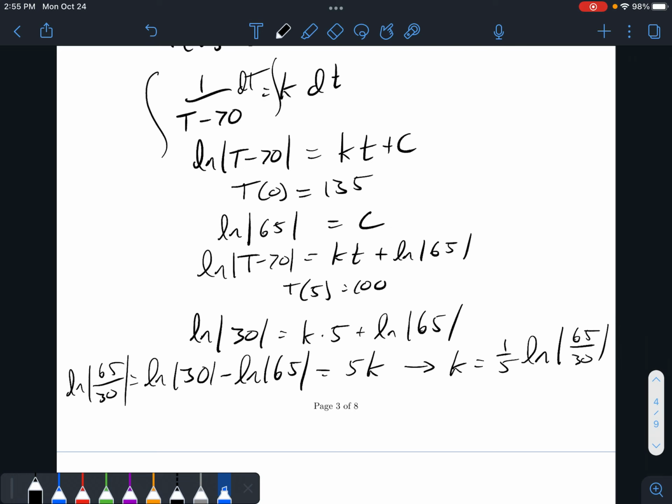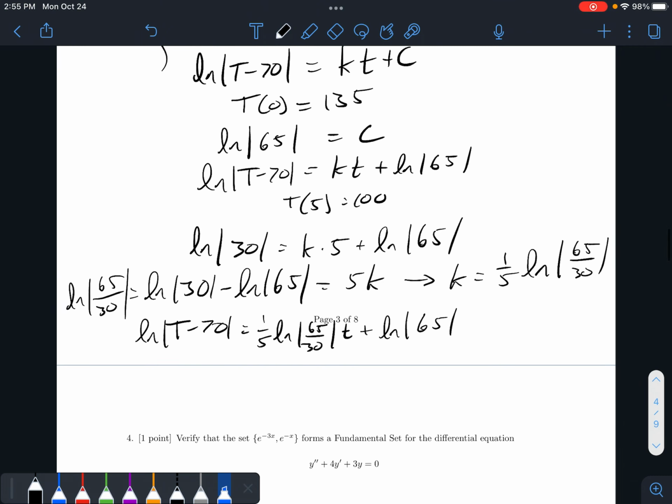So then we have ln of T minus 70 is equal to kt plus C. E to both sides.